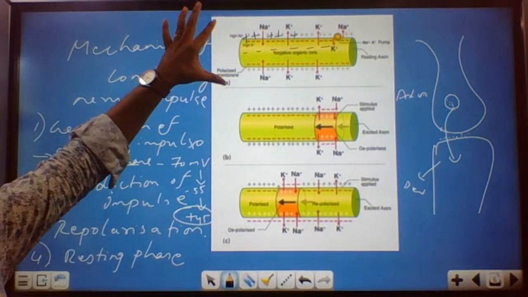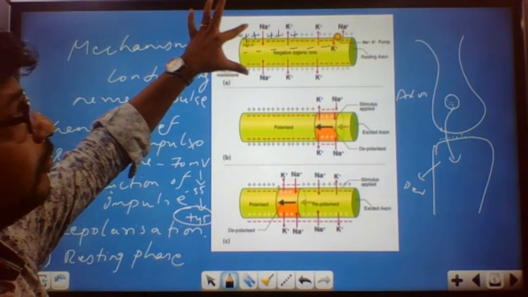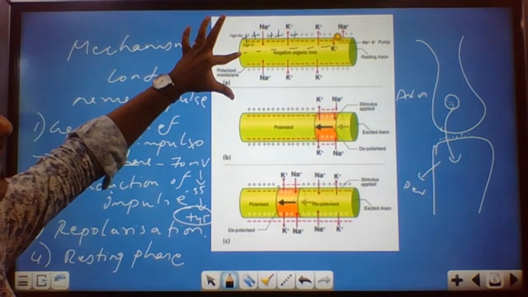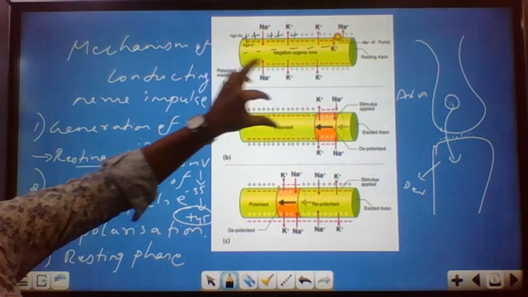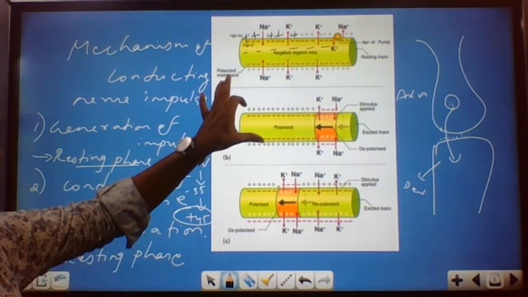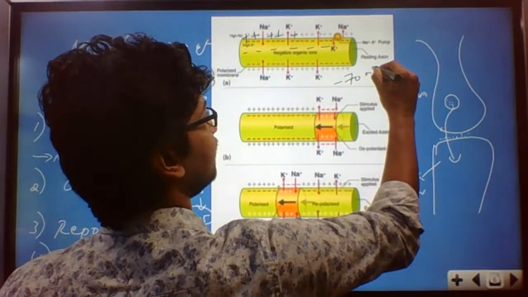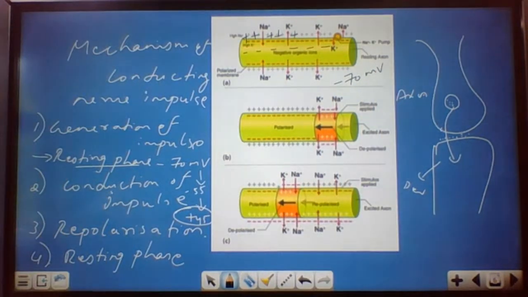So in the resting condition, outside is full of sodium ions, which gives positivity, and inside is full of negativity. This is the resting condition, the polarized membrane, where the voltage is -70 millivolts.